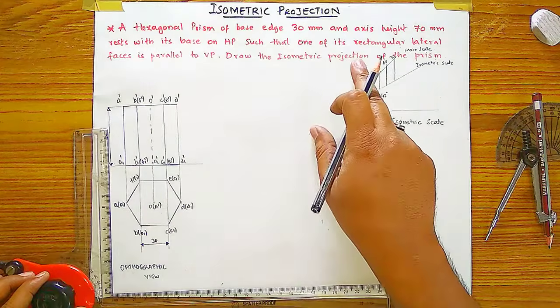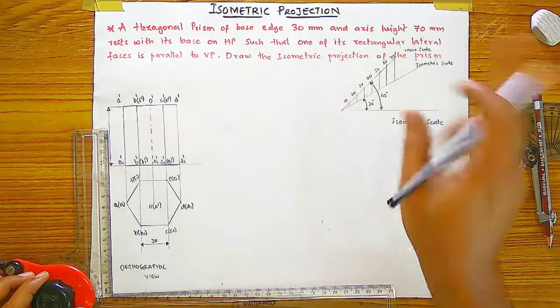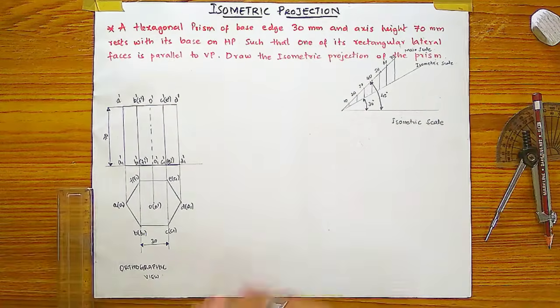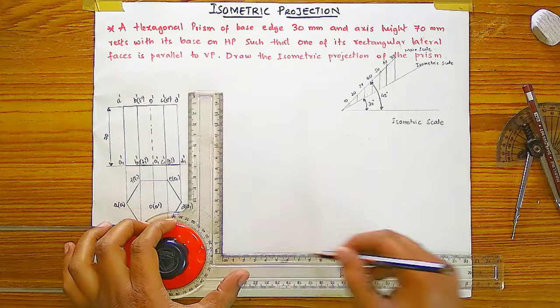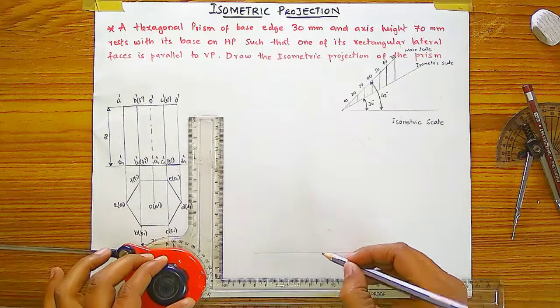As said, in the isometric, draw the isometric projection of the prism. Then, to draw the isometric projection of this hexagonal prism, take a line and put a dot here.